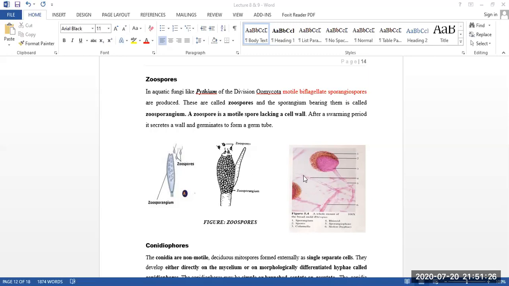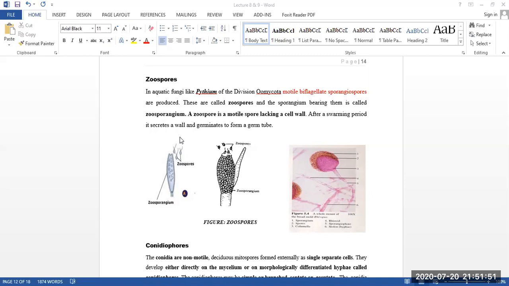They can move, but they lack a cell wall. After a swarming period, whenever the spore fixes anywhere, it secretes a wall and germinates to form a germ tube, and with that germ tube it can grow.